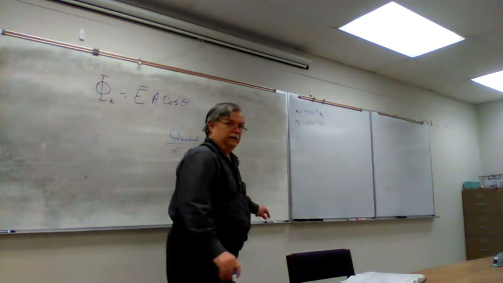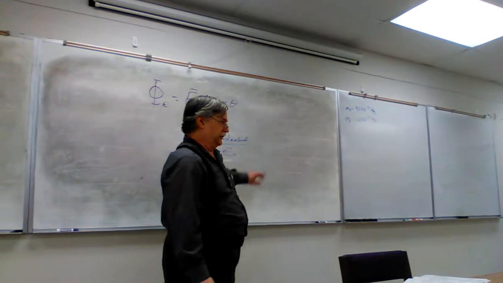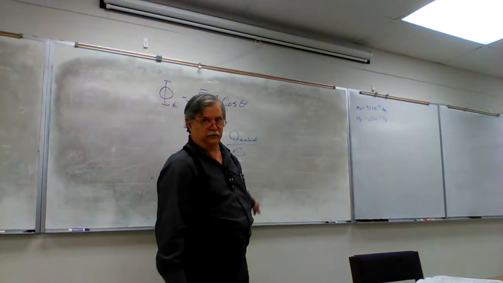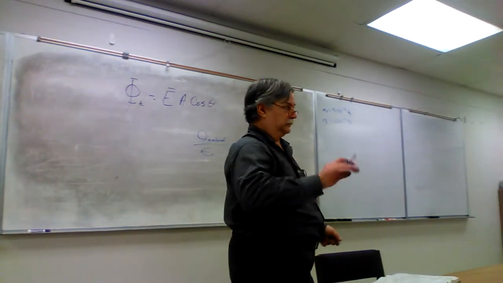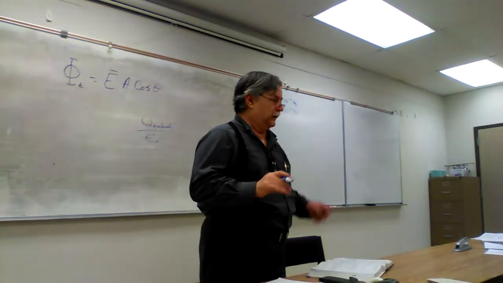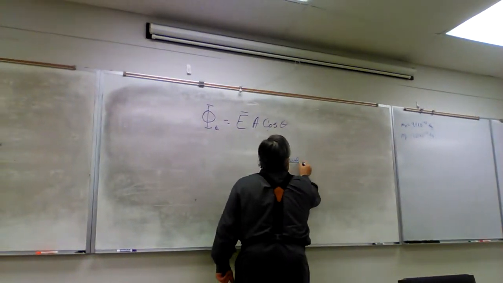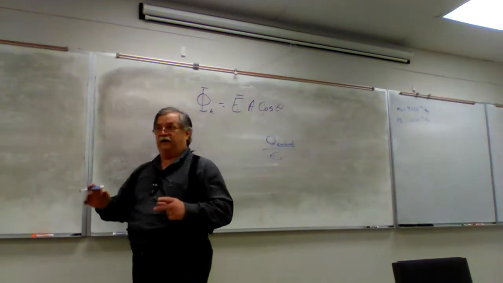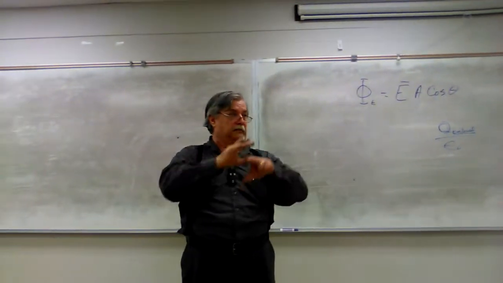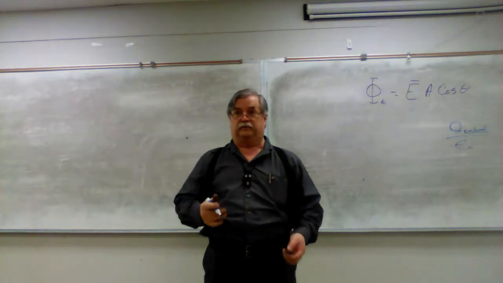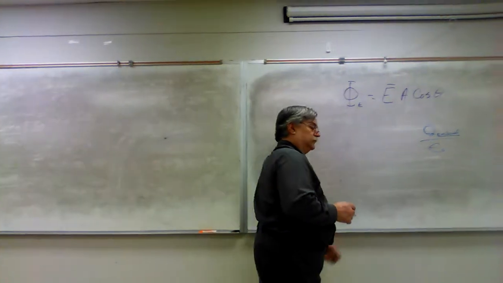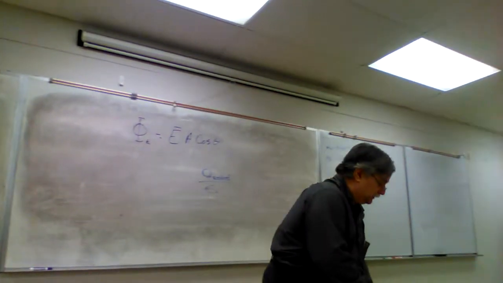For the moment, epsilon sub naught is just a number. It doesn't matter. It's a constant number. We'll get to it later. Don't get caught up on that. The important part here is this: the charge enclosed inside your make-believe surface, your Gaussian surface. Now, how is this written out?